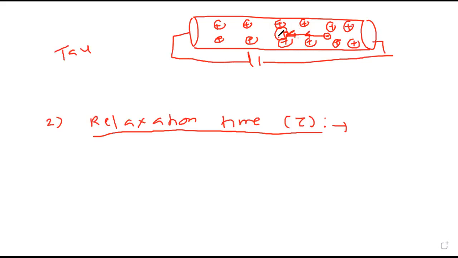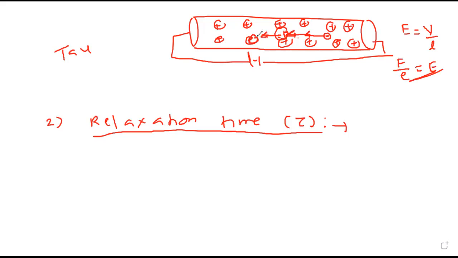When it collides, the battery gives the energy, because we know E is potential upon distance and force upon charge is field, so it gets force eE. Due to this force, again it gets energy and starts moving.